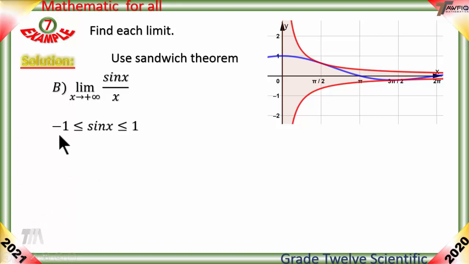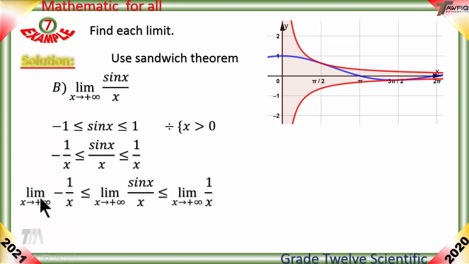And now we are dividing all sides by x bigger than 0, because x is approaching positive infinity. That means x is positive. So dividing by x becomes minus 1 over x less than or equal to sine x over x less than or equal to 1 over x. And now take the limit of all sides.